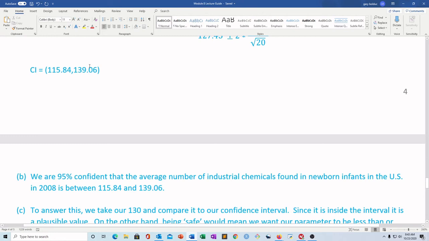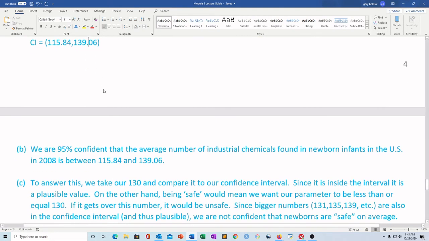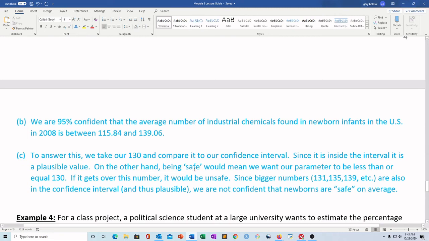The fact that we have numbers that are plausible that are unsafe, bad, that tells us that we cannot be confident, we do not have evidence that we have a safe level. It's just as plausible to us that it could be 125 as it could be 135. Same level of plausibility to us. So because of that, we don't have any evidence of one versus the other. They're both in the realm of possibilities to us.